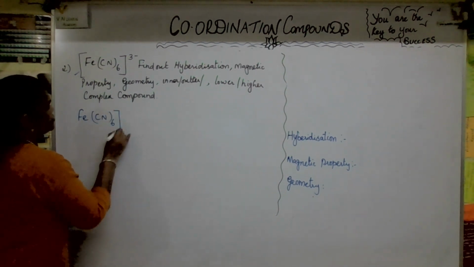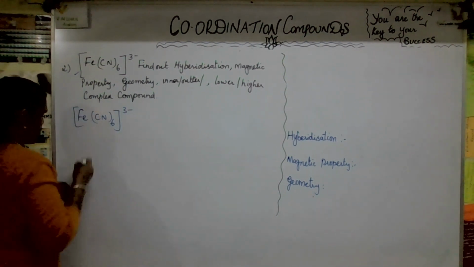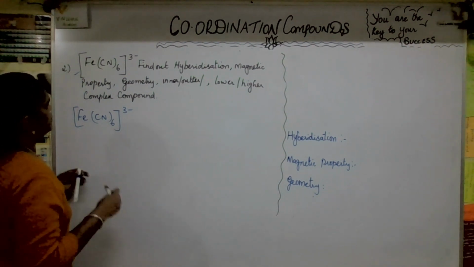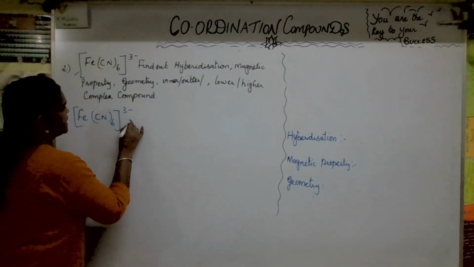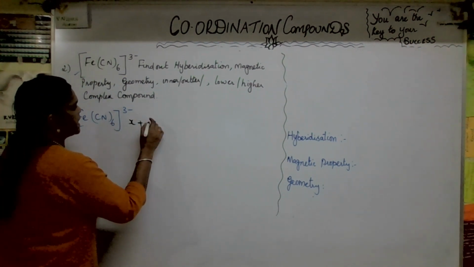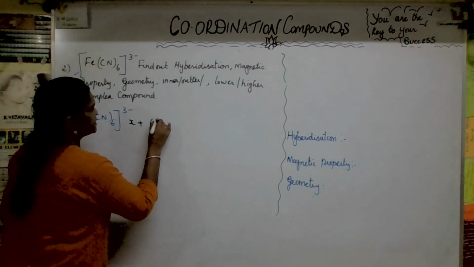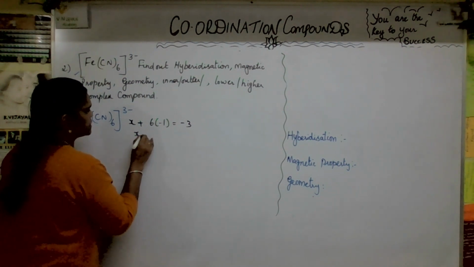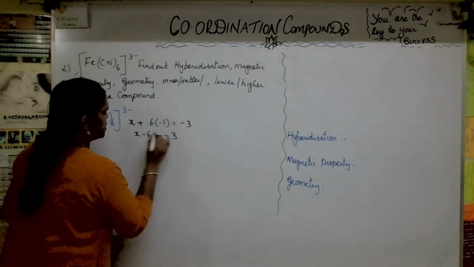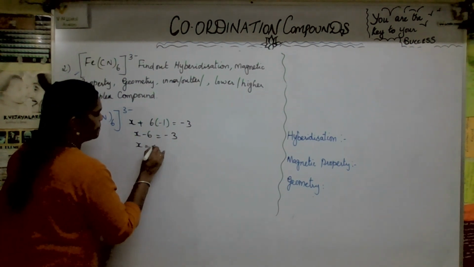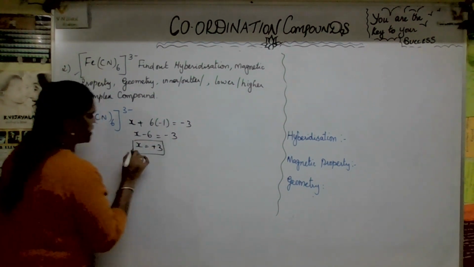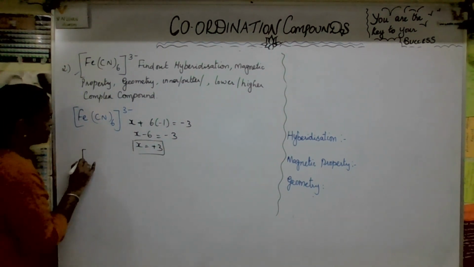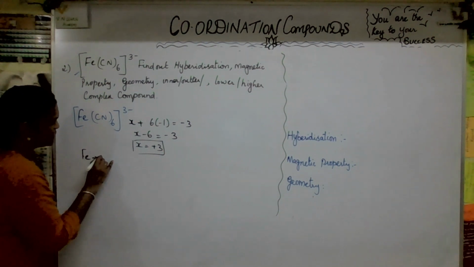Fe(CN)6 3 minus. Okay, now oxidation number we have to find out. So this is X, this is CN minus, right? So 6 into minus 1 is equal to minus 3. So X minus 6 equals minus 3. So naturally X equals plus 3, the oxidation state. Now atomic number of Fe, it is 26, right?